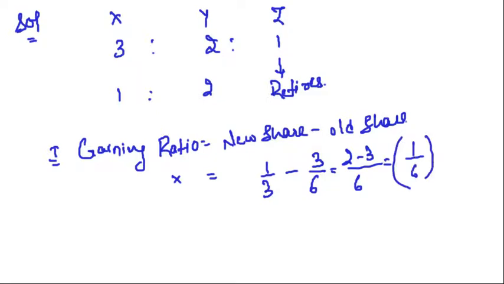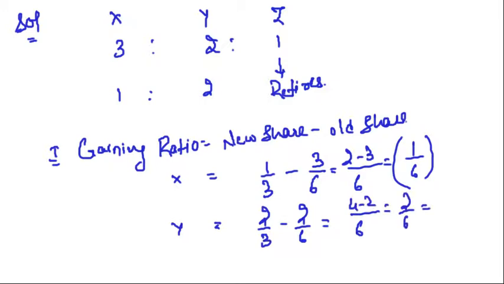What does that mean? His old share was more than the new share. That means there is a loss to X after the retirement of Z. Let's see for Y. This is the point that I wanted to discuss. 2/3. Old share 2/6. So this will come to 4 minus 2, 2/6, 1/3.